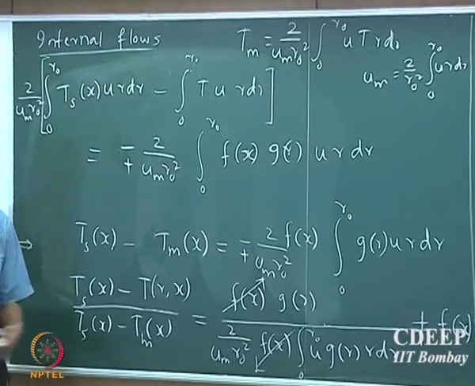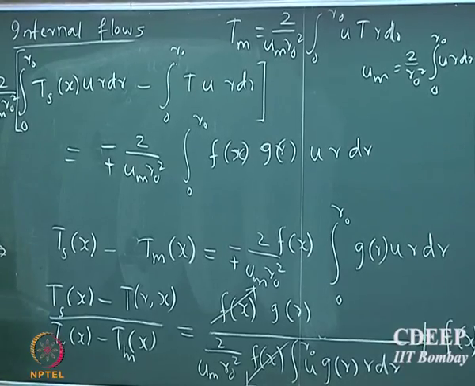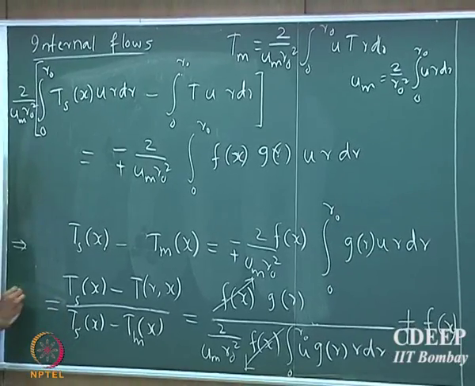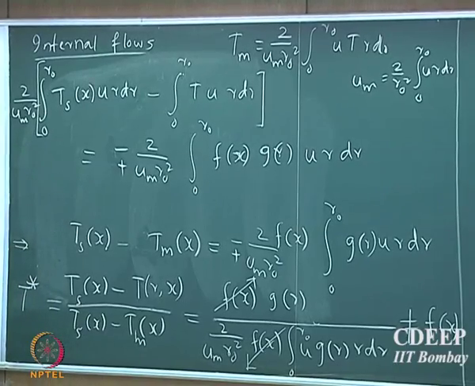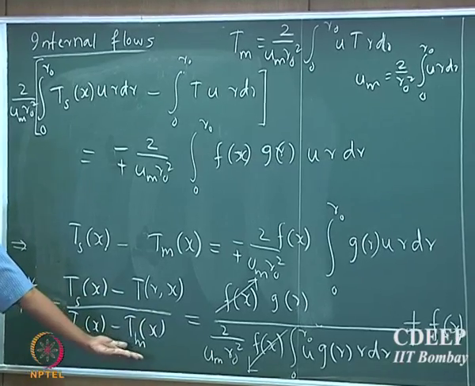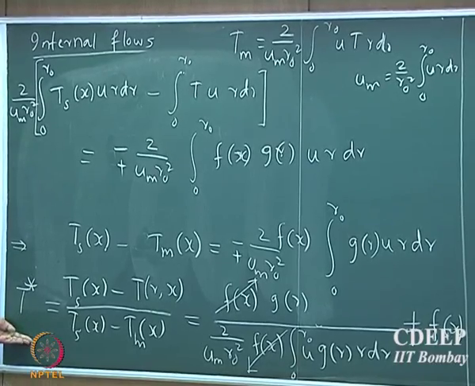It's very similar to what we got in the momentum boundary layer, where we said that the velocity profile doesn't change. So here the correct statement is that if I define a new variable, new dimensionless temperature, which is Ts minus T by Ts minus the cup mixing temperature, so that dimensionless temperature is now independent of the axial position.